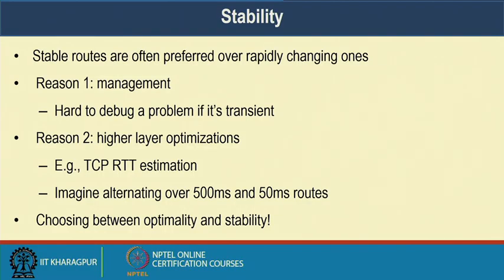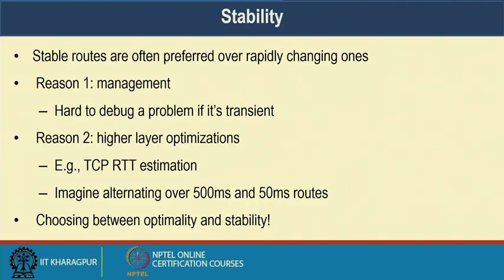One is that manageability will be better; it is hard to debug a problem if it is transient. If it is very dynamic and keeps getting changed while updating, it will be difficult to manage the overall process, and if it is a large network, at the scale of the internet, it is very difficult.